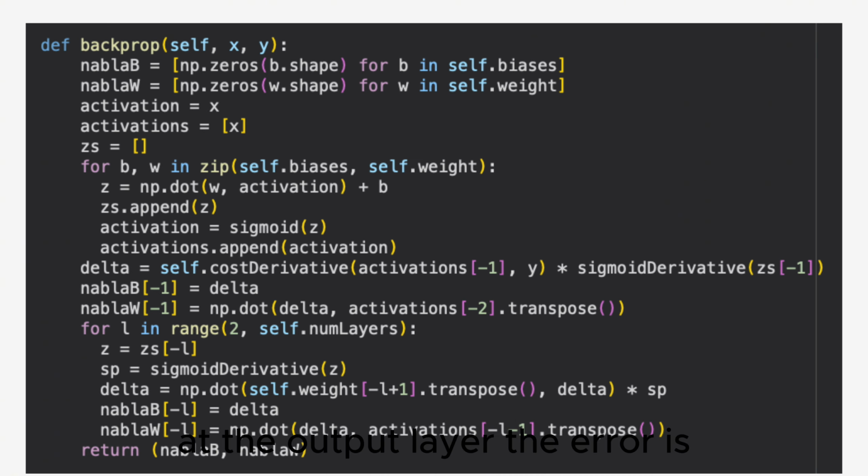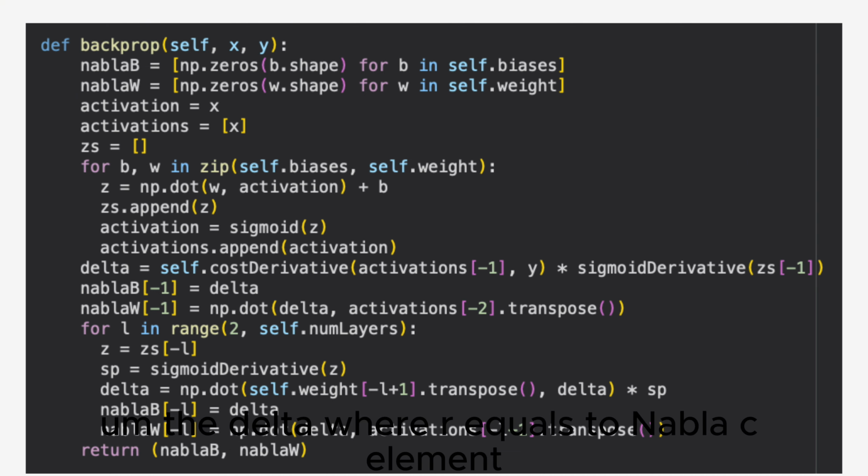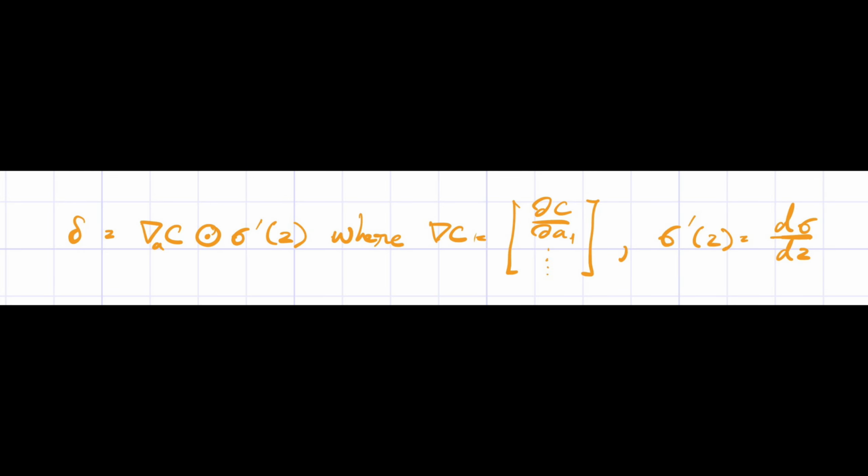At the output layer, the error is calculated as this equation. The delta, or error, equals nabla C element-wise multiplied with sigmoid prime, where nabla C is the derivative of the cost function with respect to the activation output, and sigmoid prime is the derivative of the sigmoid function with respect to z.